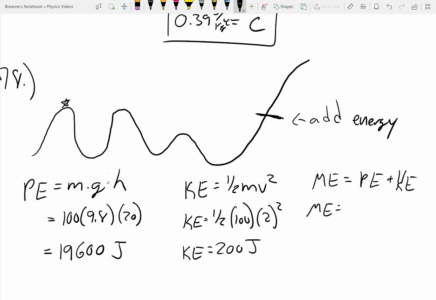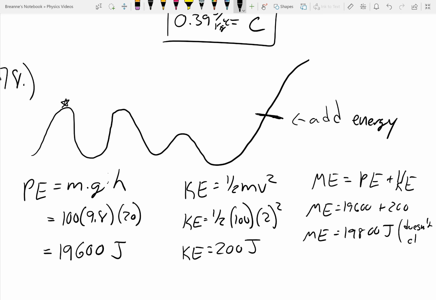So in that case, your total energy or your mechanical energy is 19,800 joules. And that stays constant throughout. That does not change.